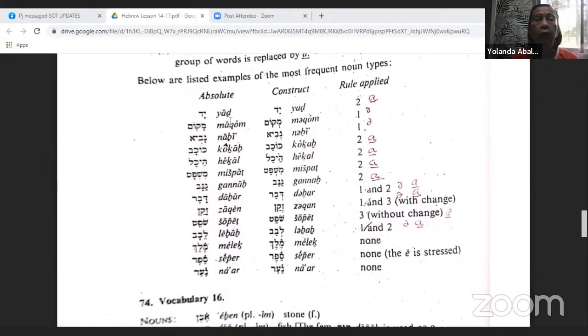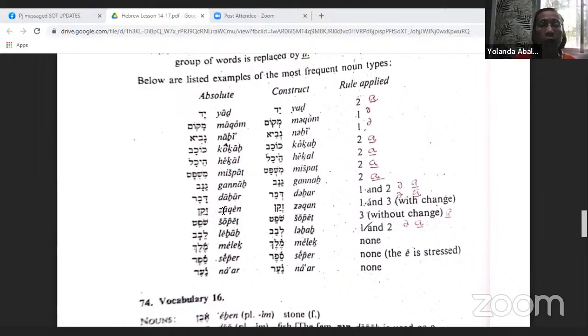Then the word ganav. What is a ganav again? Oh, okay. Yad is the hand. Makom is the place. Nabi is a prophet. Kokab is a star. Hikal is a temple. Mishpat is judgment. Ganav is a thief. Davar is a word.